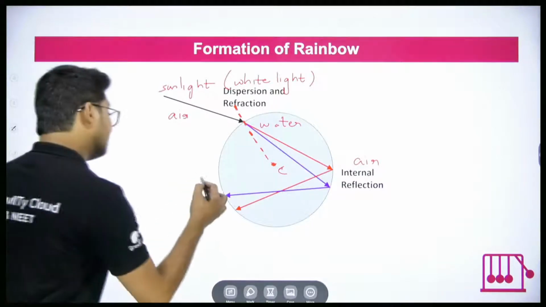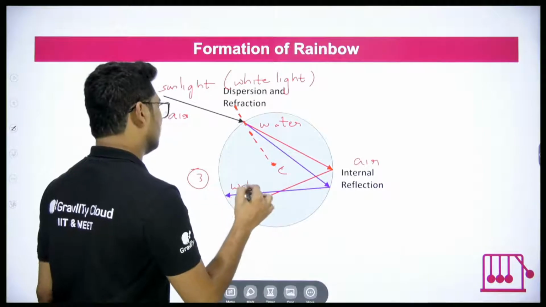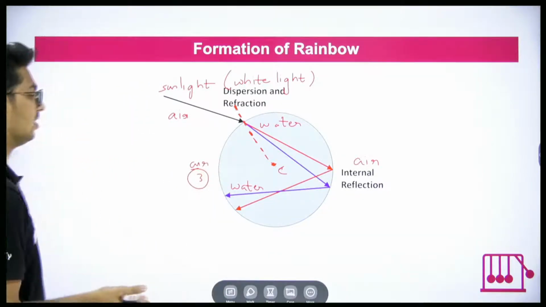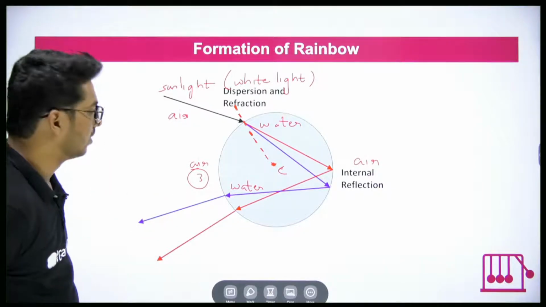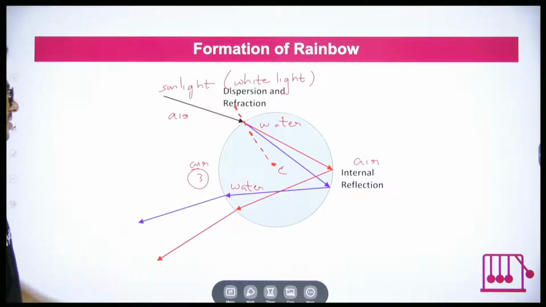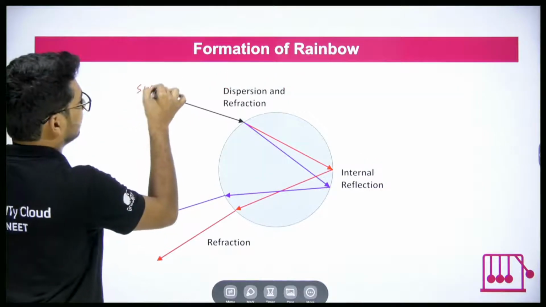And then again the third surface. Now it is going again from water to air. Now we are mostly concerned with the light that will be coming out, right? And this light will be coming out. Got it? Okay. So these are the processes that happen. This is sunlight.